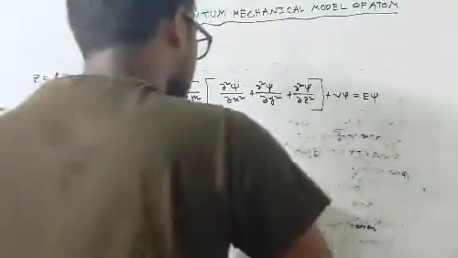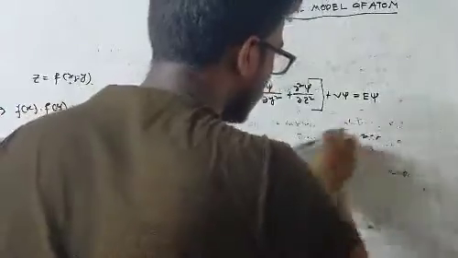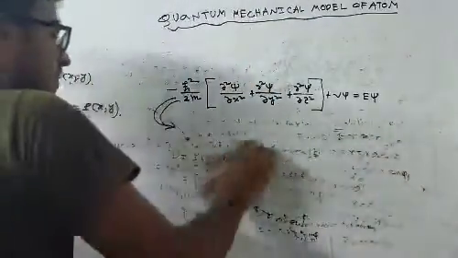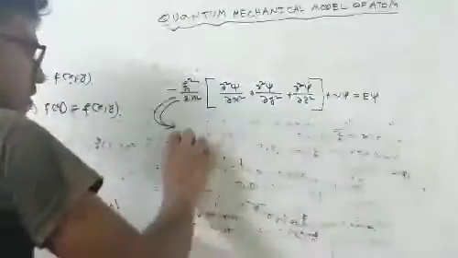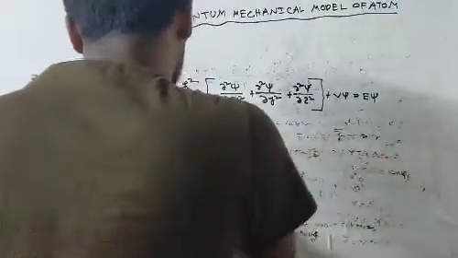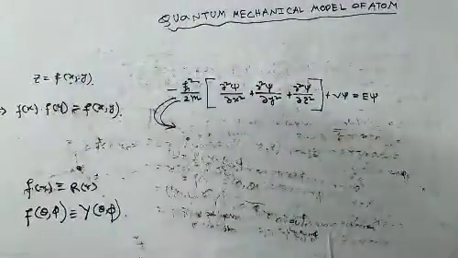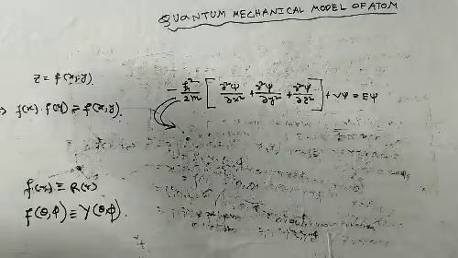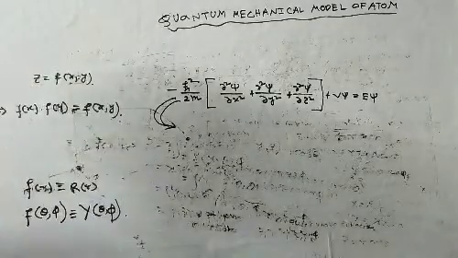For the specification of each electron, we need 4 quantum numbers. The first one is the principal quantum number, the second one is the azimuthal quantum number, the third one is the magnetic quantum number, and the fourth one is the spin quantum number.